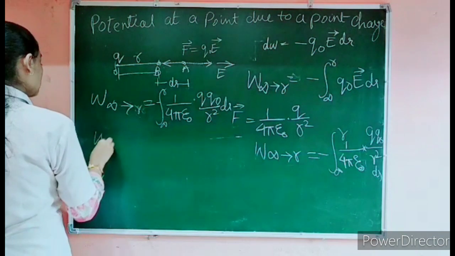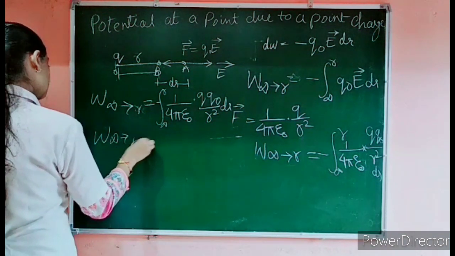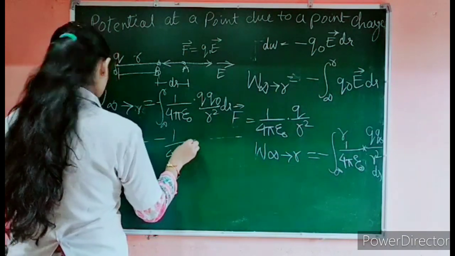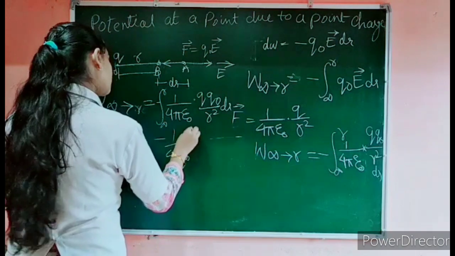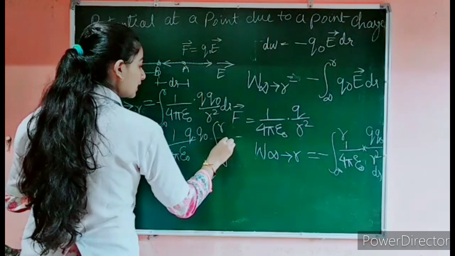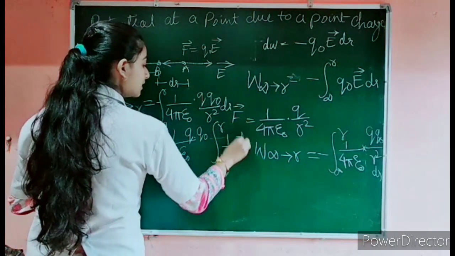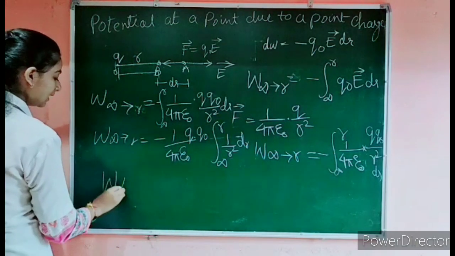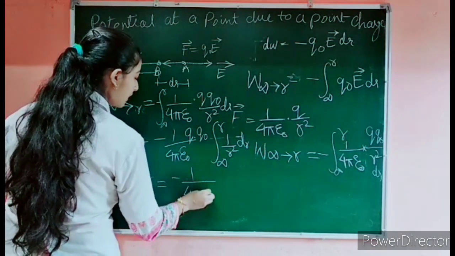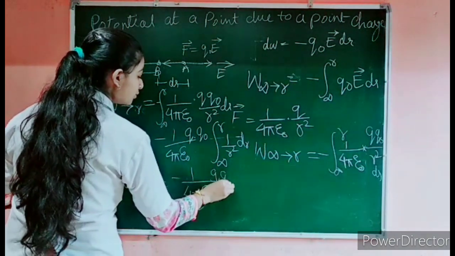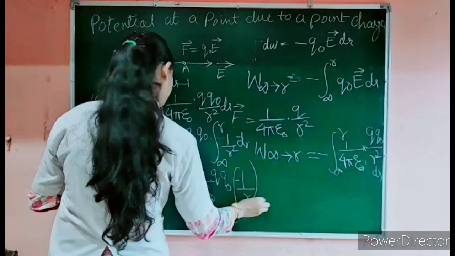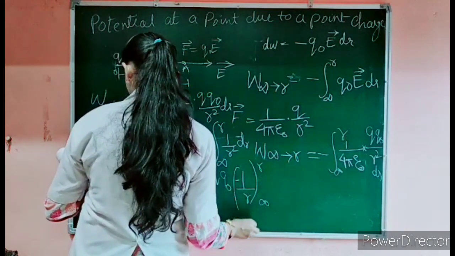The constant terms we will take outside, then from infinity to r it will be equal to minus 1 upon 4 pi epsilon 0 into Q into q0, integral from infinity to r of 1 upon r square dr. Now the work done from infinity to r will be equal to minus 1 upon 4 pi epsilon 0 Q into q0, into minus 1 upon r from infinity to r.